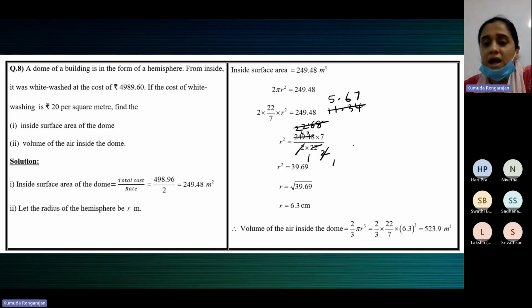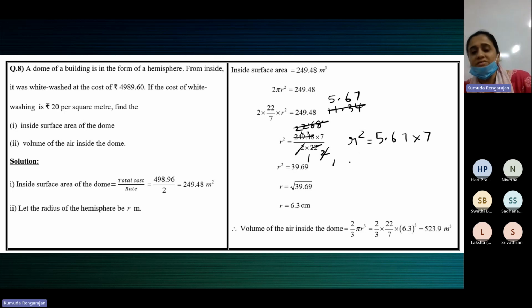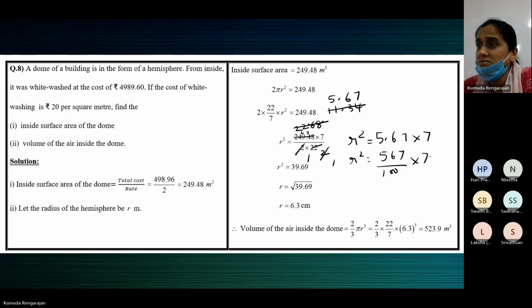Okay, so I got r square is equal to, on cancelling out, r square is equal to 5.67 into 7. So now I multiply. See, now at this stage, you can also do this. R square is equal to 567 by 100 into 7. Is that fine? Okay, so now you can multiply and find the square root.